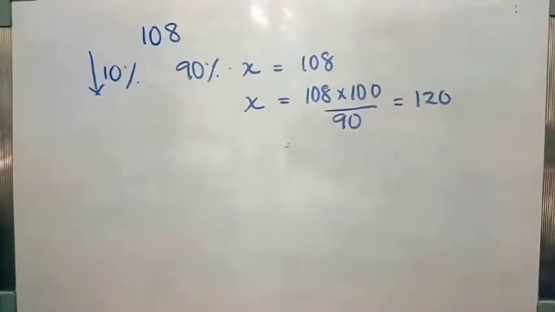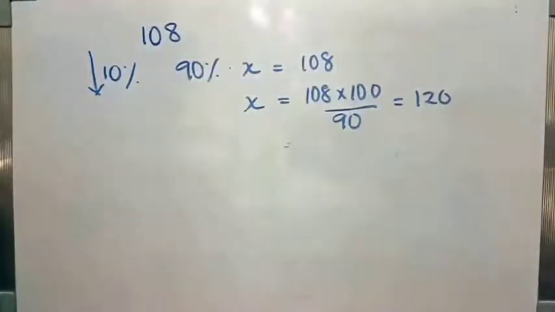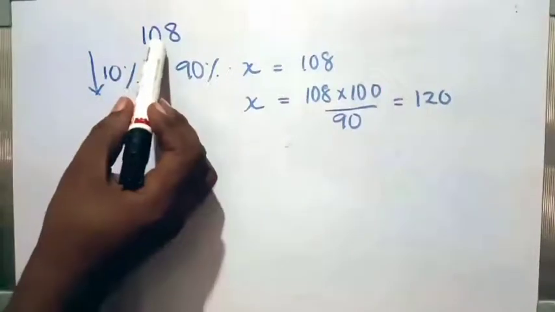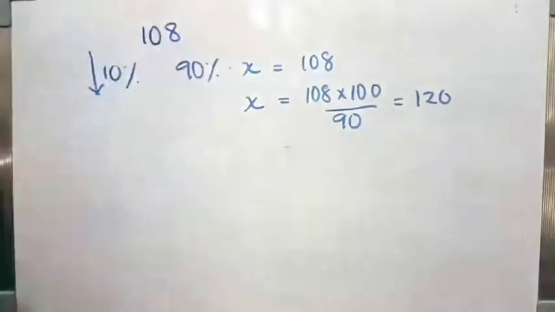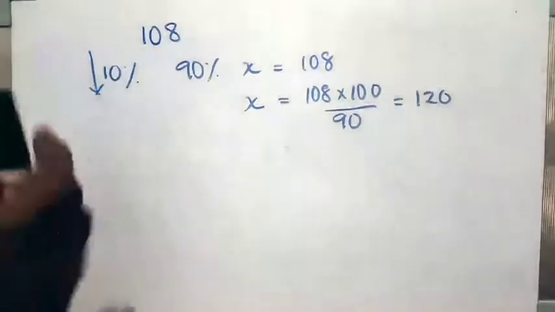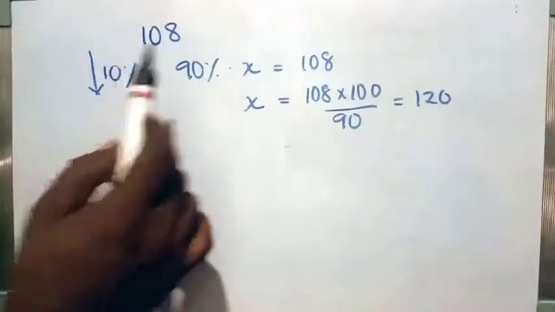An error which students commonly make in this question is, this is the part we do correctly. This is the correct answer. But what we do is, it says a common error. People get it wrong thinking that this 108 is formed by reducing 10% from an original price. That is correct. This 108 is formed by reducing 10% from an original price.